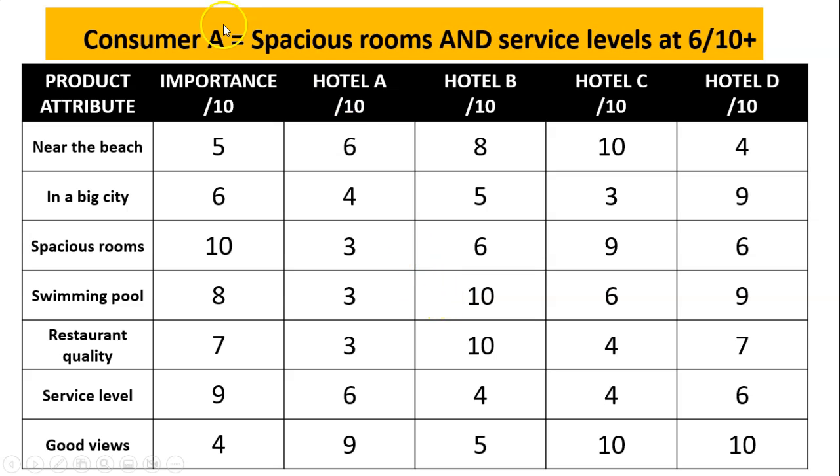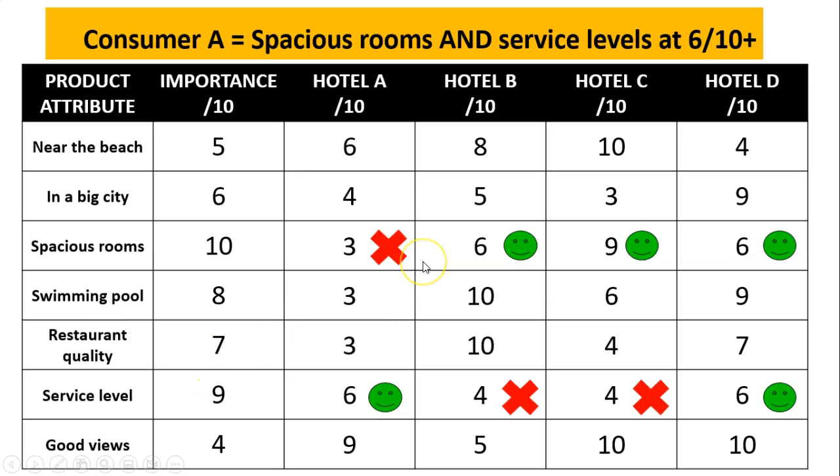Okay, so let's go back to our table and work out what they would choose. So as we remember, consumer A wants the spacious rooms, this one here, and service levels. So got to be at least 6 plus. So we go through and go, okay, hotel A, 3 out of 10, that's out. 6, 9, and 6, they're all 6 or more, so we're happy with those, a little smiley face. And then we look at service levels. 6, that's a smiley face, 4 is not good enough, 4 is not good enough, but 6 is.